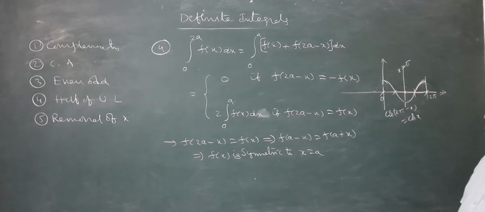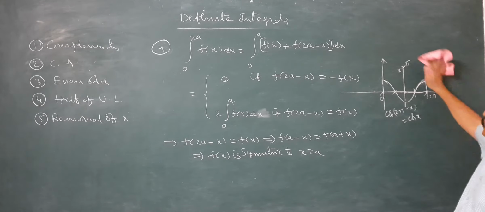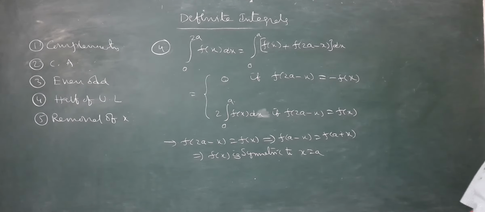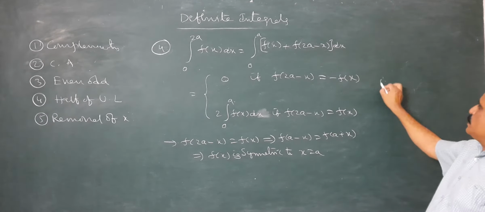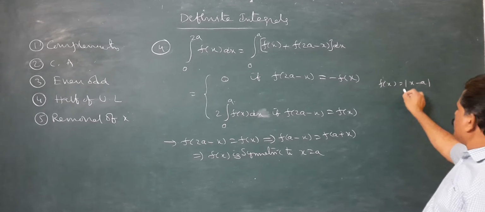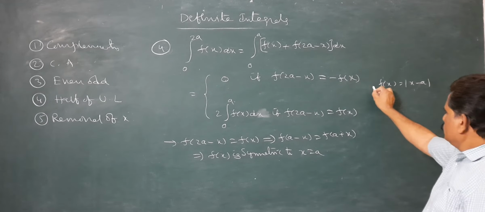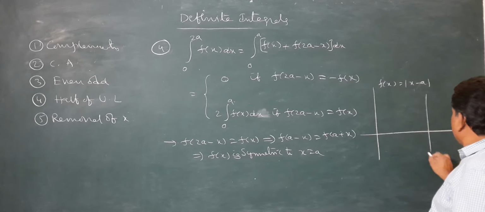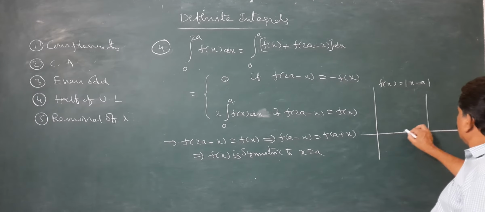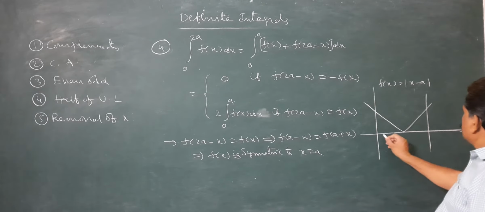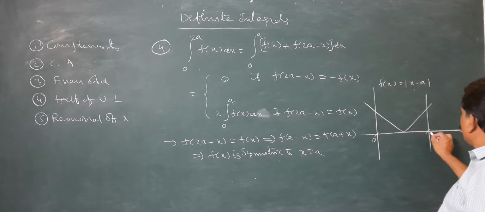Now let us take another example, f of x equal to mod x minus a. The graph of mod x minus a from 0 to 2a is a V shape, with the vertex at x equal to a. The part from 0 to a is the same as the part from a to 2a.